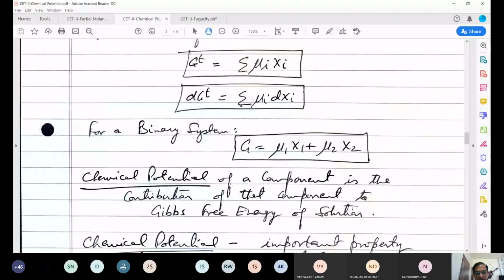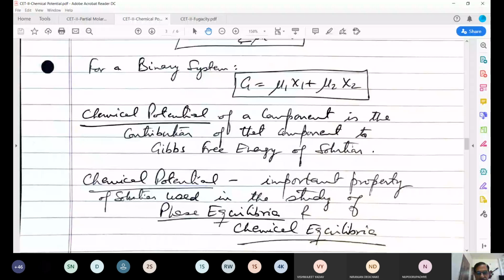Chemical potential is an important property of solution used in the study of phase equilibrium and chemical equilibrium. We will talk about this in units 1, 2, 3, 4 for phase equilibrium and 5, 6 for chemical equilibrium, and we will be using mu I throughout. So you understand chemical potential now. It's nothing but partial molar Gibbs free energy of a component.